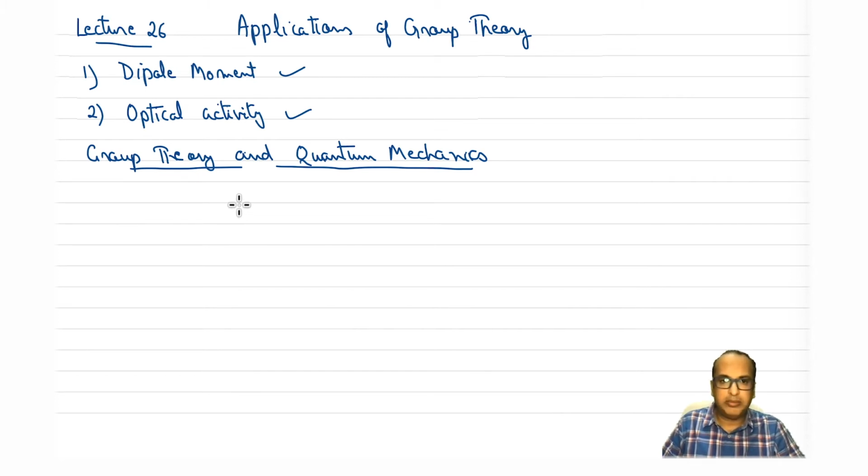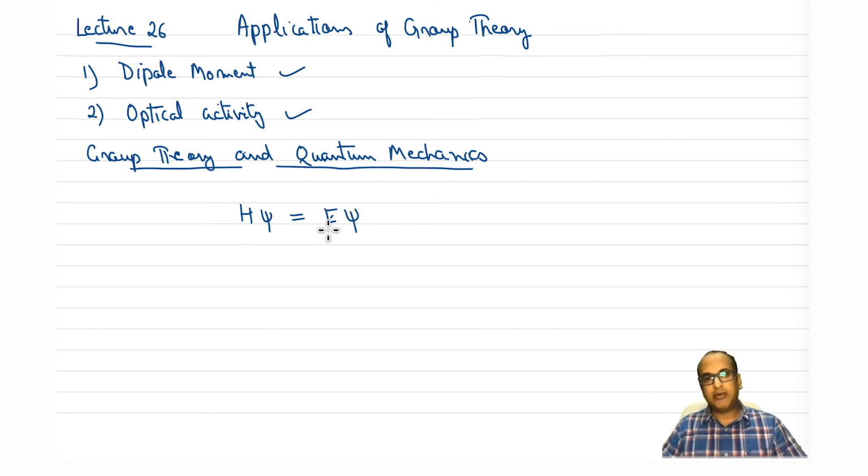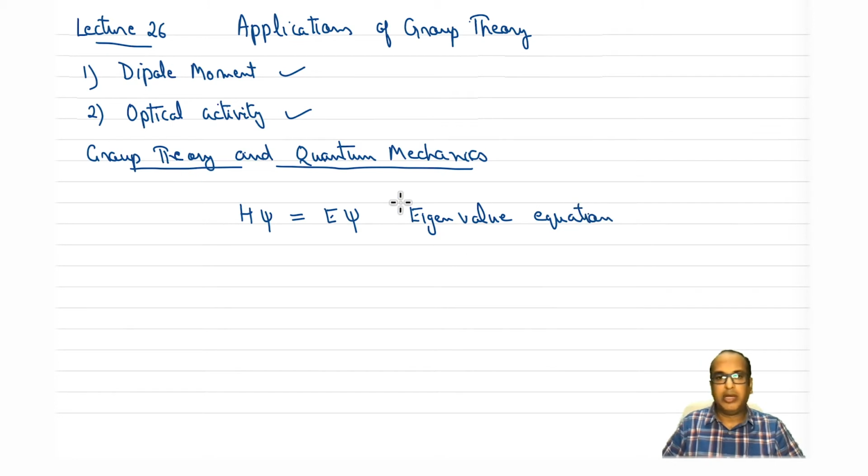You all must be aware of this famous equation, H psi equal to E psi. What is H psi equal to E psi? It's an eigenvalue equation, also called the Schrodinger wave equation.